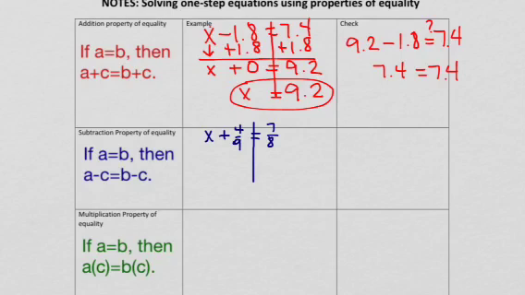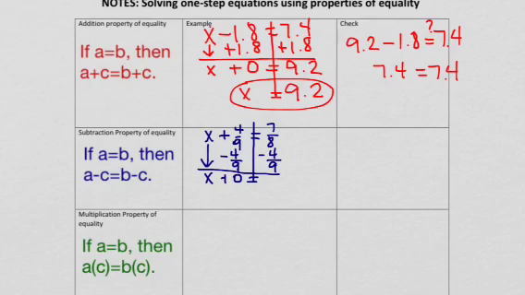And if I want to isolate the x, which means get x by itself, I need to take away 4/9 from both sides. So I drop down my x. A plus 4/9 minus 4/9 adds to 0.